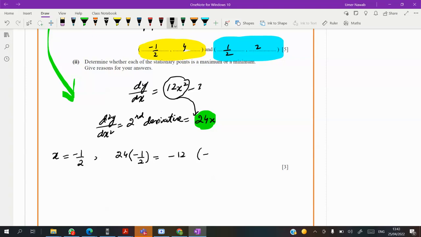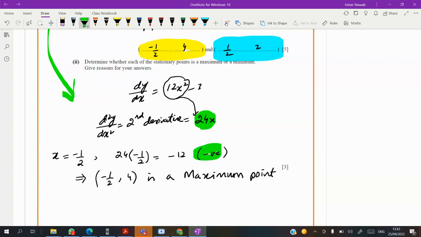Negative 12. Since it is negative, I can say the point is a maximum point. Always use the opposite meaning. If it is negative, you say maximum point.